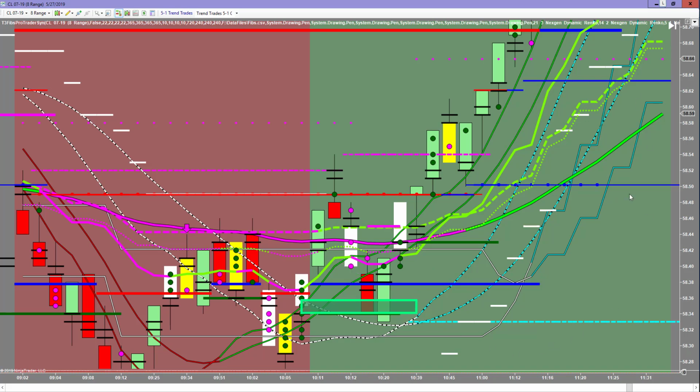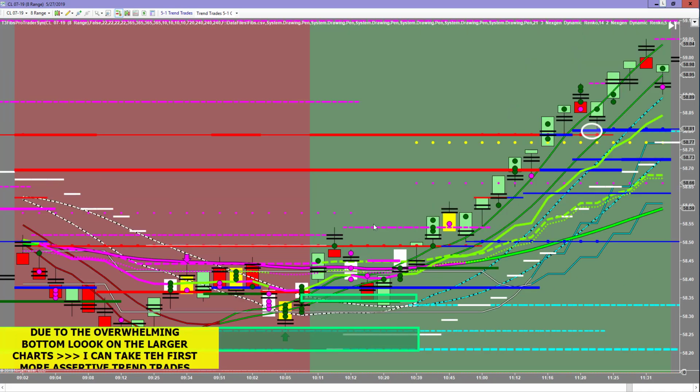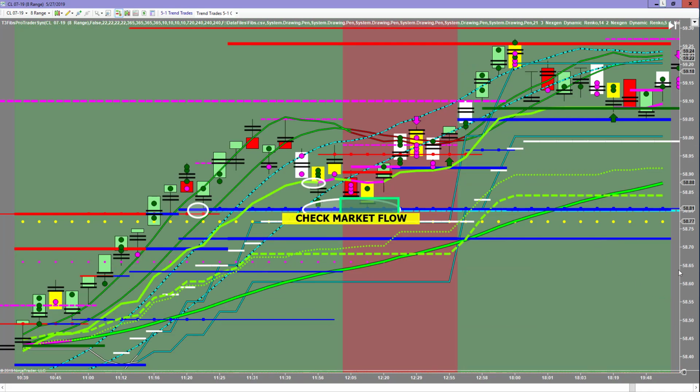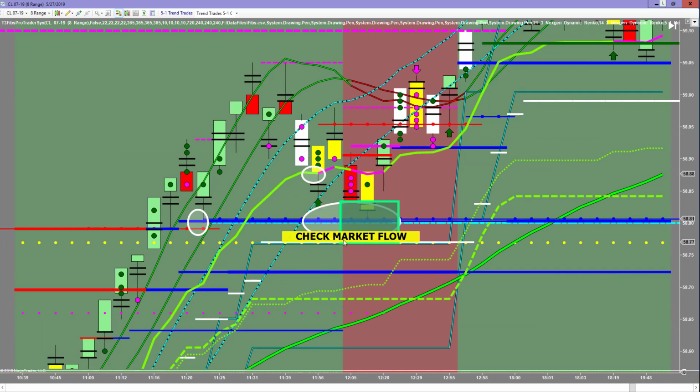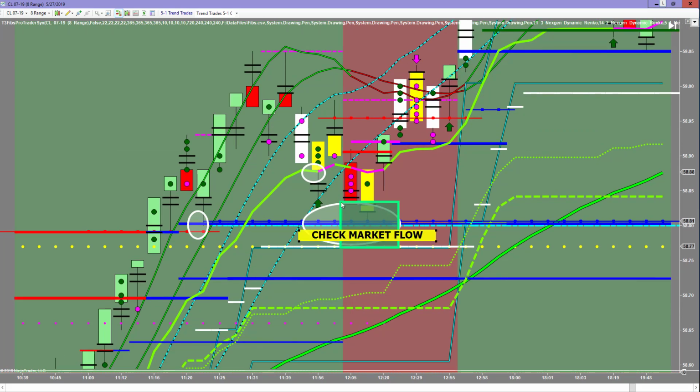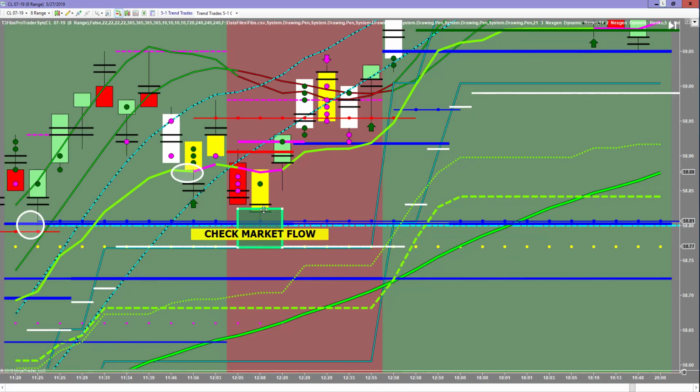Anyway, also useful. Now, we went down a little lower and we said, hey, we need to check the market flow for a signal. So again, look, this is the same type of thing that we look for every time. If you have an overrun on the big chart or the 8-2 chart, the market flow will catch the overrun for you.